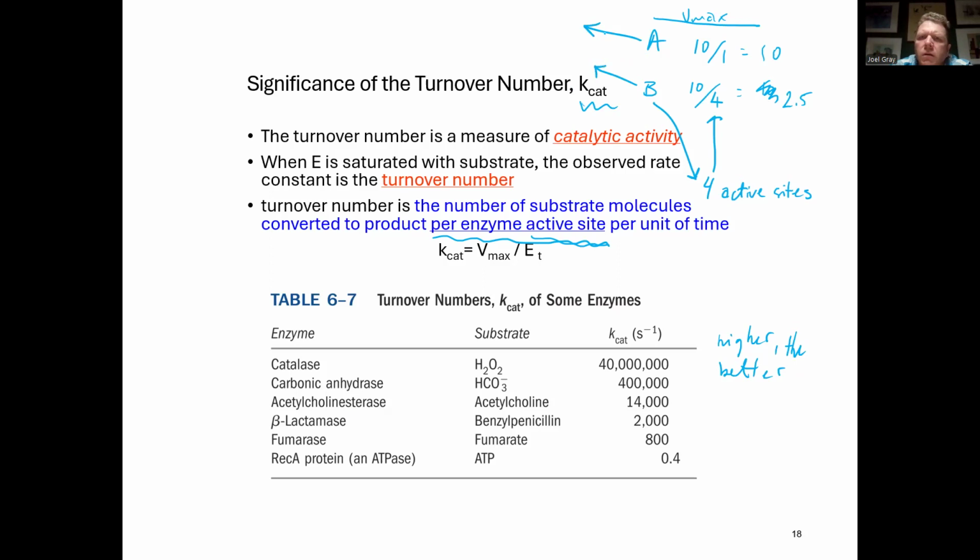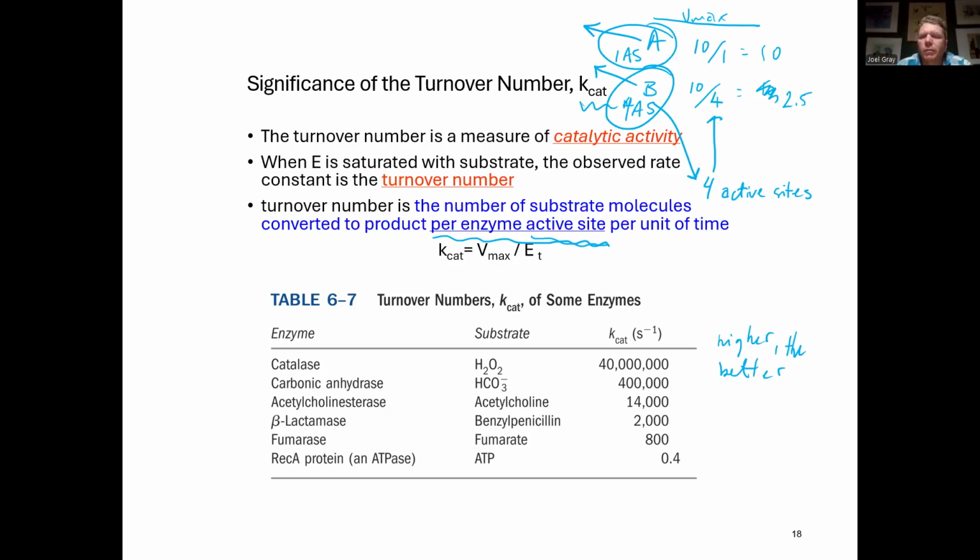A versus B. If A has one active site, and B has four active sites, if we compare those active sites, which one's better?